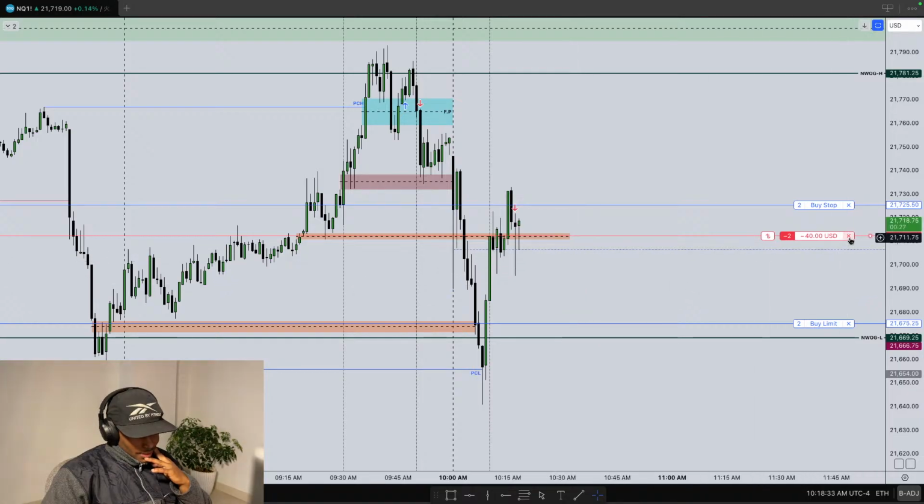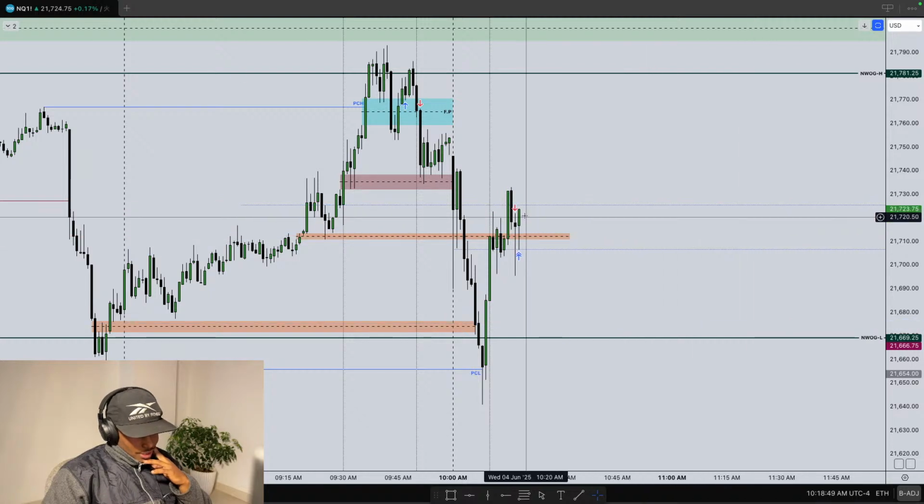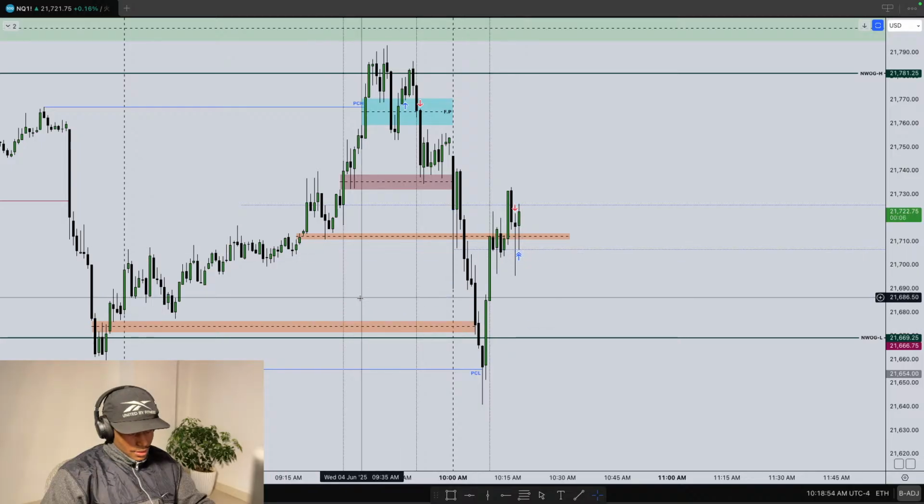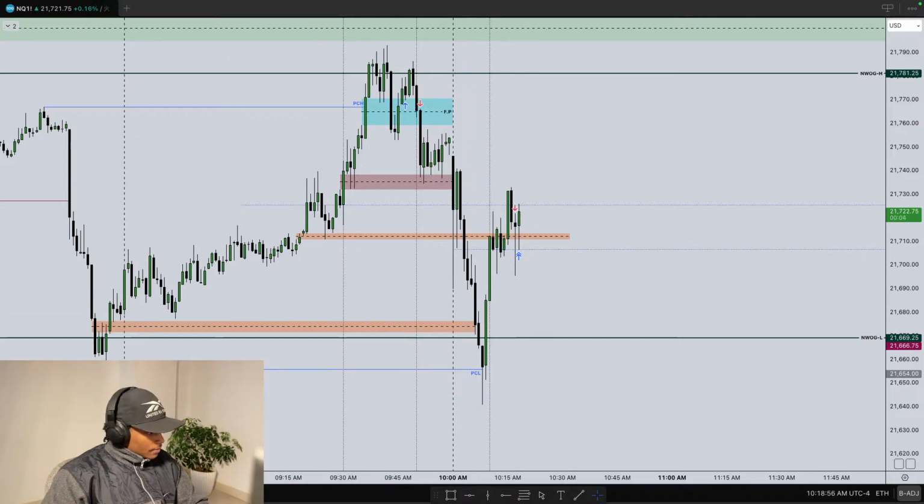I really don't like why my PNL is not changing right now though. Yeah, that just took me off. Wait, why did it just buy 2 times? Give me a second. I need to check that.